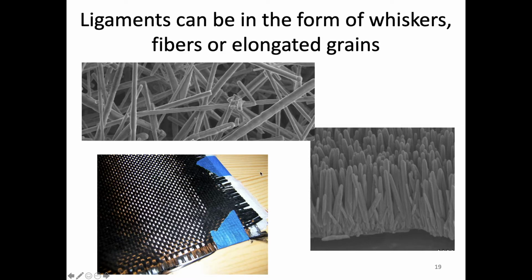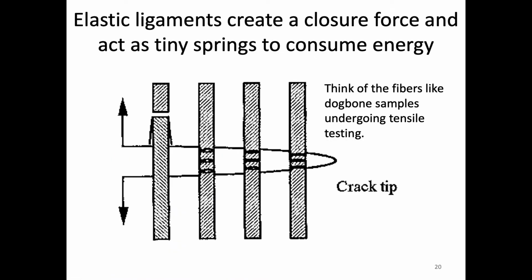And so the whole field of glass fiber, Kevlar, all those sort of composite materials really have to do with what we're talking about here with crack bridging. So these ligaments, again, are elastic and create this closure force and kind of act as tiny springs, and those springs consume energy, that elastic energy that goes into these materials.